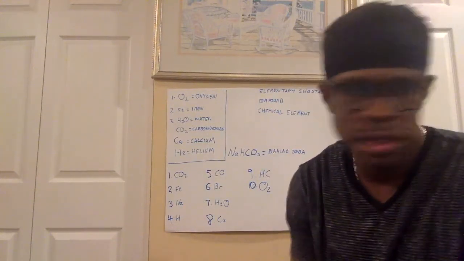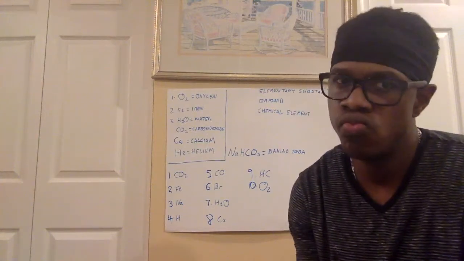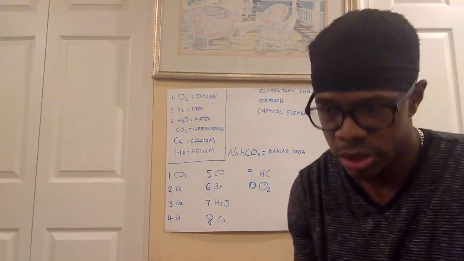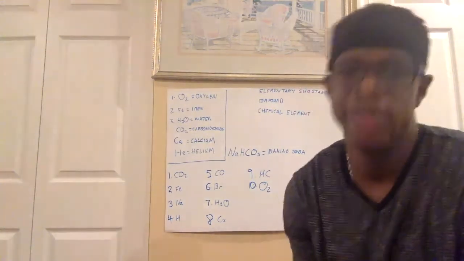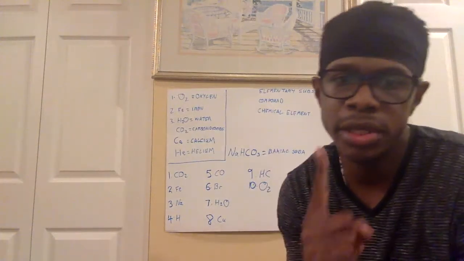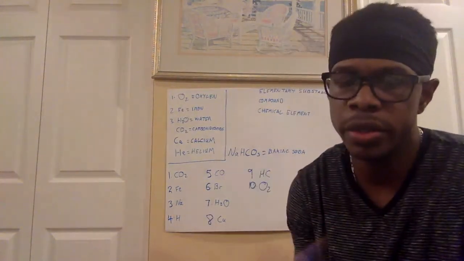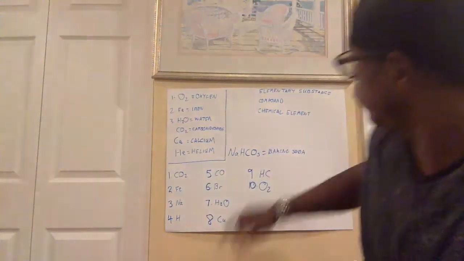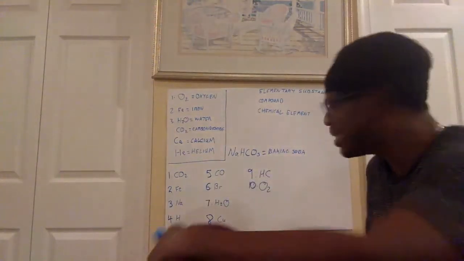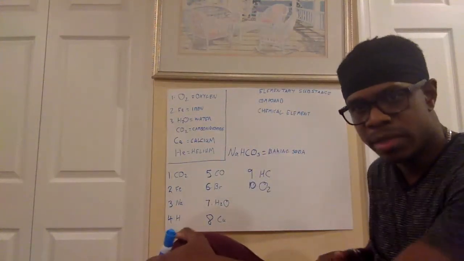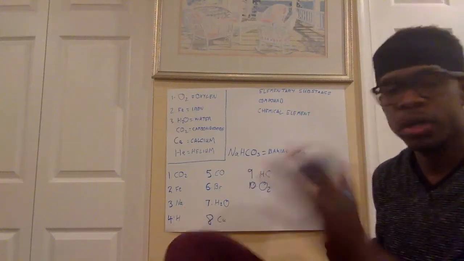Number eight, Cu. Would I be correct if I said that is a compound? I would be incorrect. Cu is copper, and that is one elementary substance. Two letters, one big, one small. We know that means it's one atom. Number nine, HC.